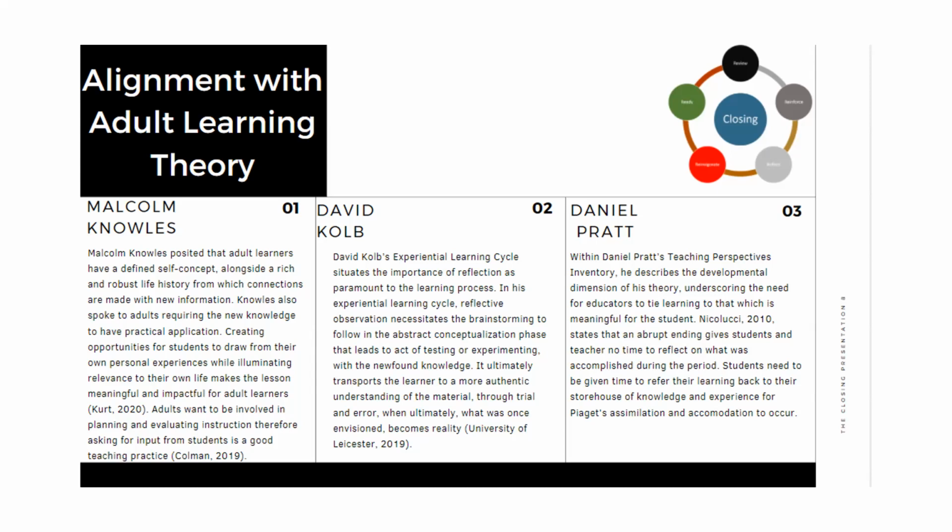Daniel Pratt's TPI, if we look to the developmental dimension, again, the material that you're imparting needs to be impactful for students. They need to be making direct correlations to why it is important that they know it.